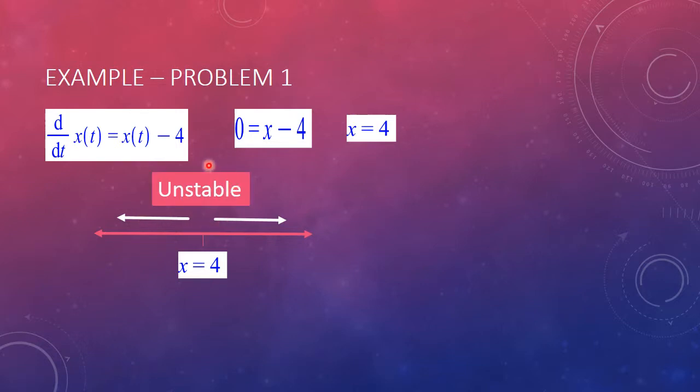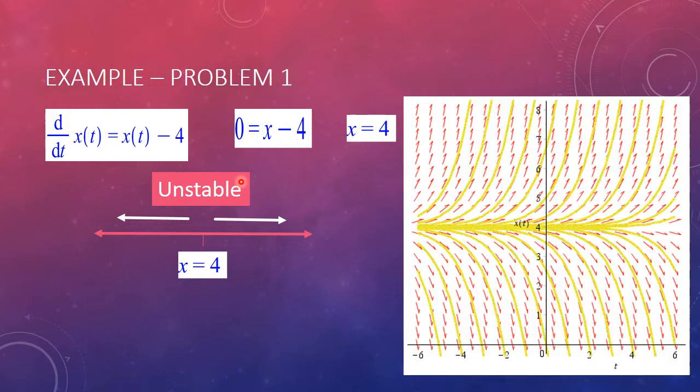And this is what we call an unstable equilibrium. So we can plot a direction field. You can see a constant solution right here at x equals 4. But if I put in any other initial condition, if it's above 4, you can see the solution curves all go away. And if it's below 4, you can see they all diverge away also. So this is what happens with these types.